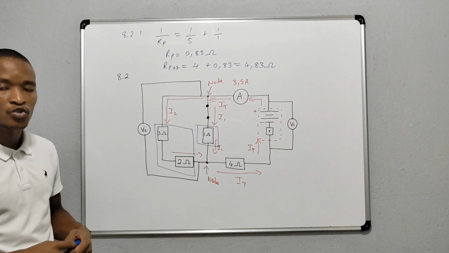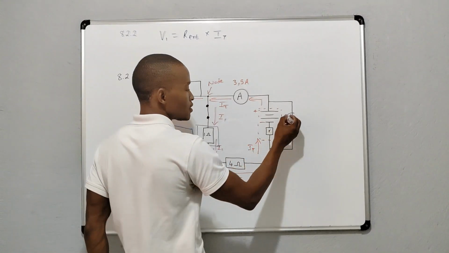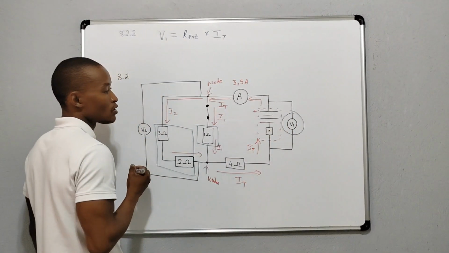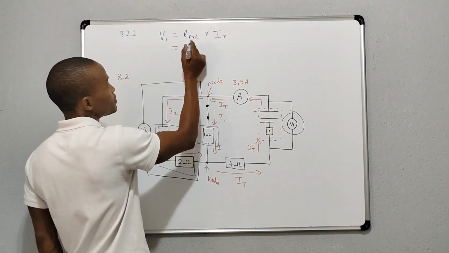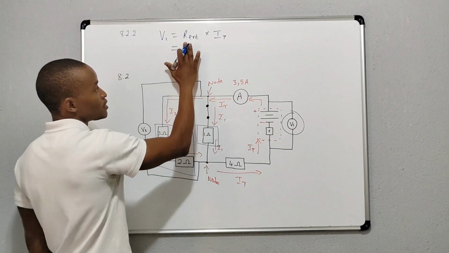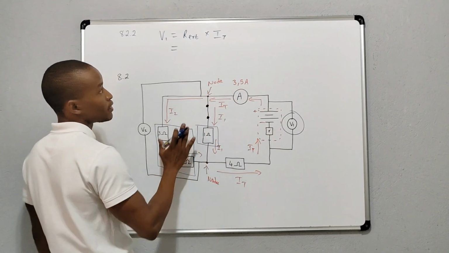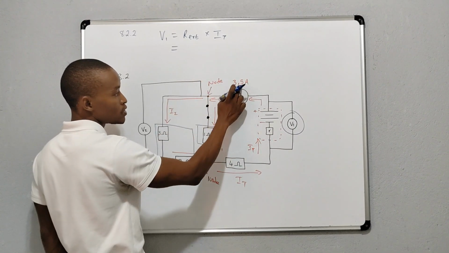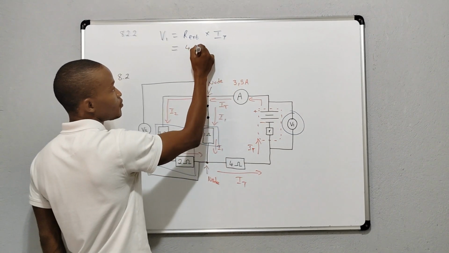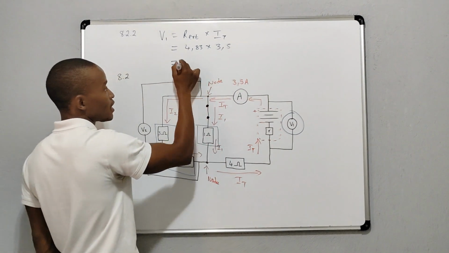Let us look at 8.2.2. All right, so the reading that will be reflected here on voltmeter 1 will definitely be obtained through that equation. The external resistance, everything that is going on here, times the total current, which is 3.5. We've got 4.83 times 3.5, okay?